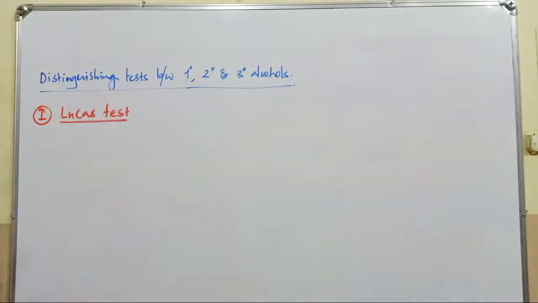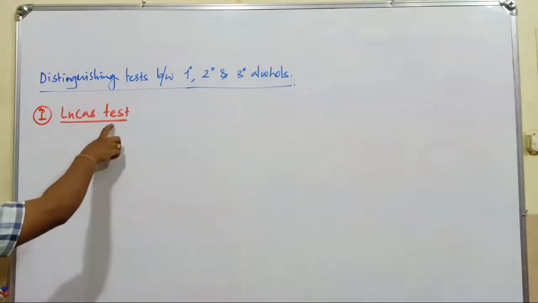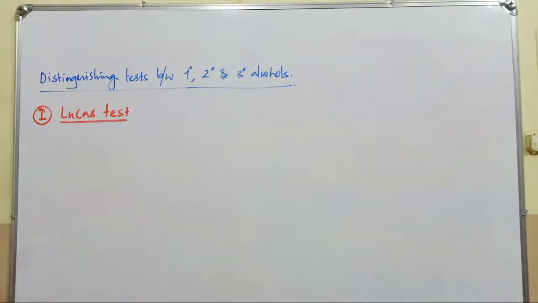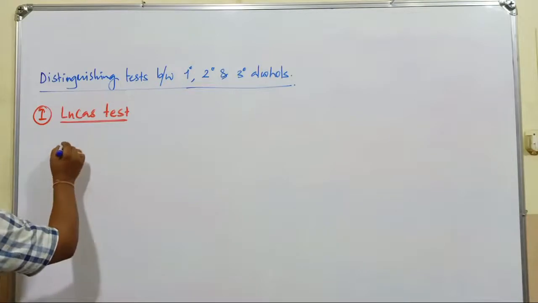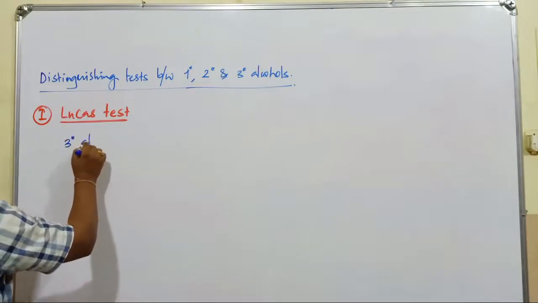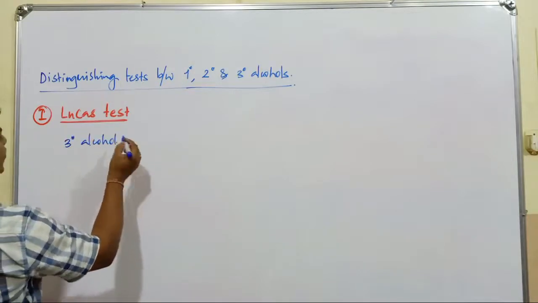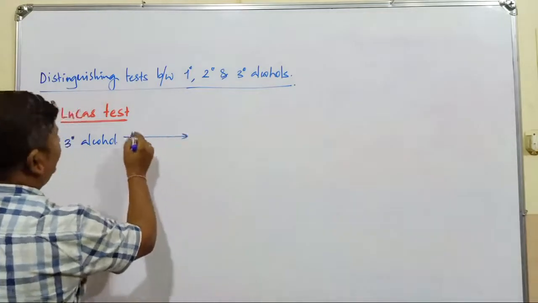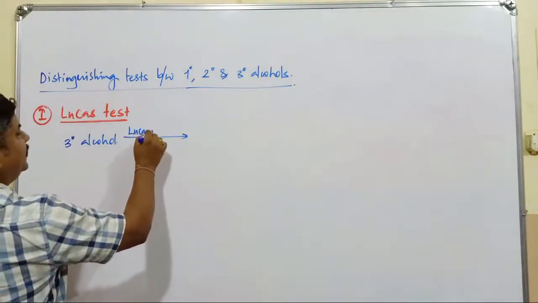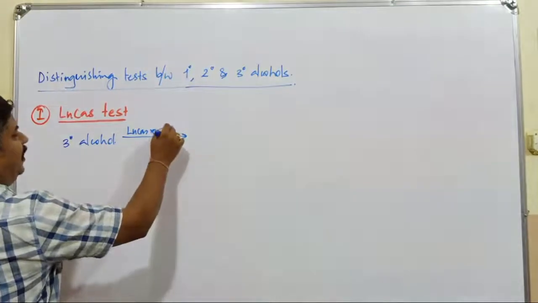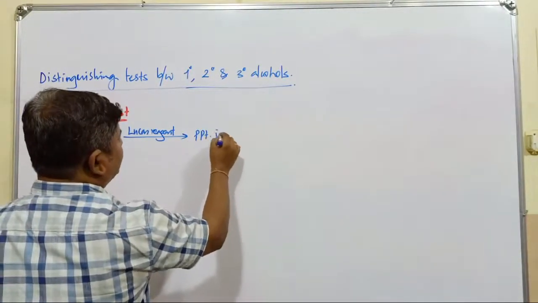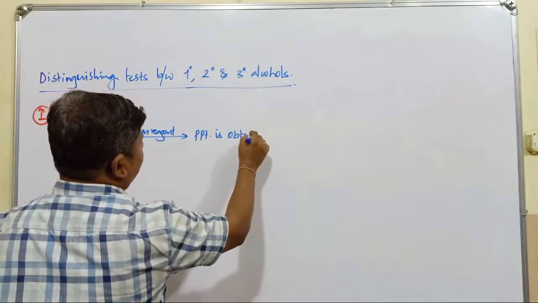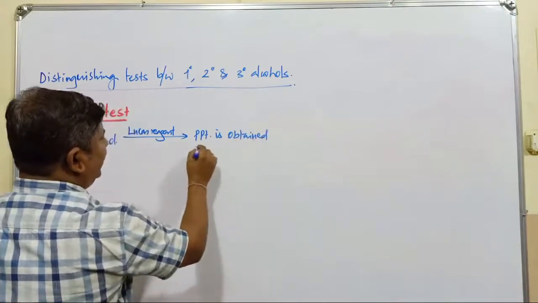What is Lucas reagent? Concentrated HCl and anhydrous zinc chloride is called the Lucas reagent. In the case of this Lucas test, it distinguishes primary alcohol, secondary alcohol and tertiary alcohol. If it is found to be a tertiary alcohol in the presence of Lucas reagent, a precipitate is obtained immediately.